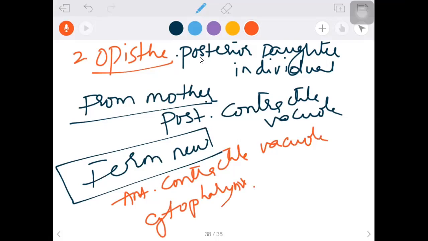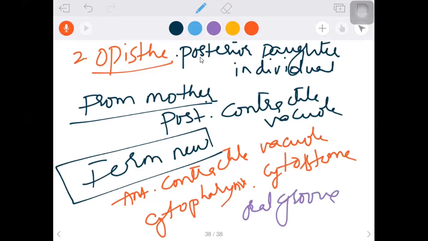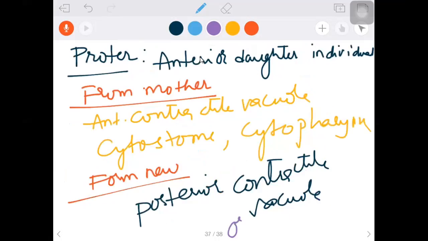That's why the cytostome and cytopharynx in the opisthe should form new. So what does it form new? The anterior contractile vacuole, cytostome and cytopharynx. In both cases, we can write oral groove, because in the mother itself the oral groove disappeared. So in both cases the oral groove is going to be formed new.